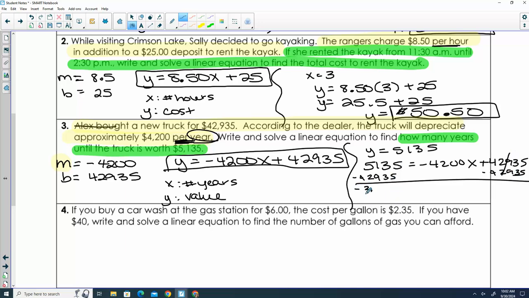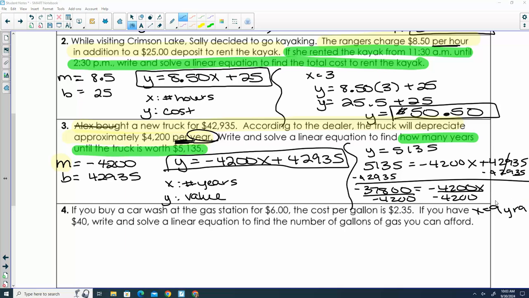Get negative 37,800 divided by the negative 4,200. Just like from the equations we were solving Friday. And x is 9 what? What did x represent? The number of years.